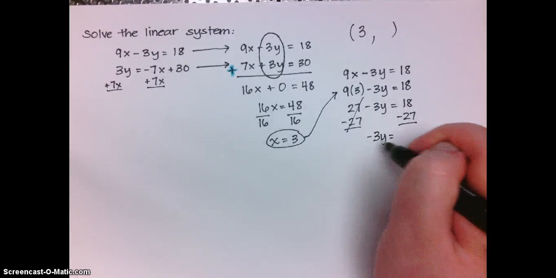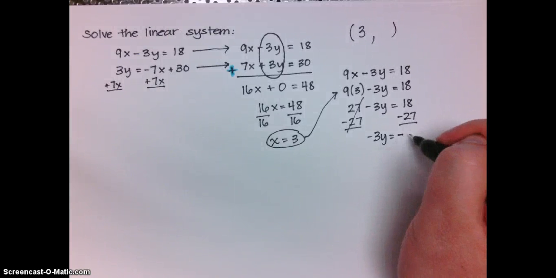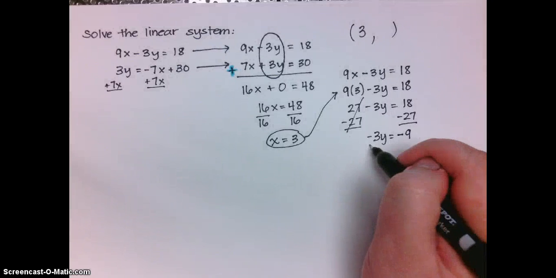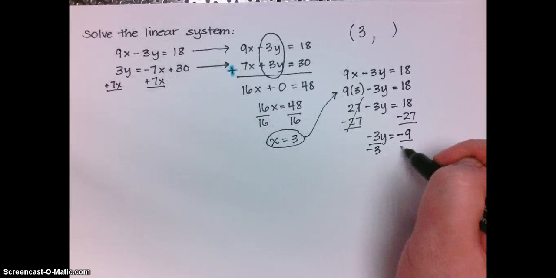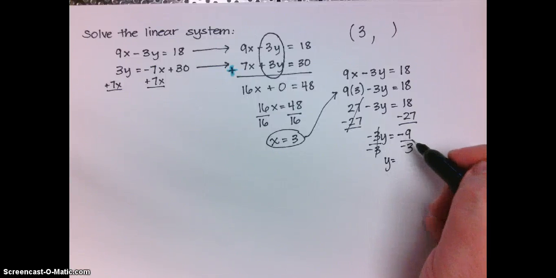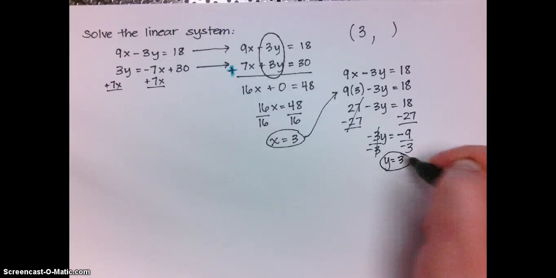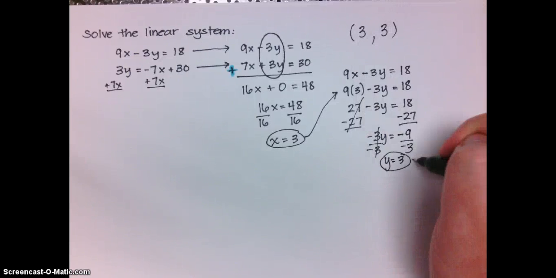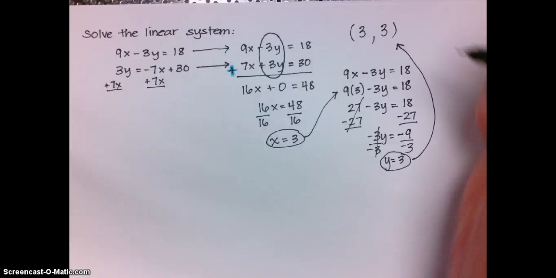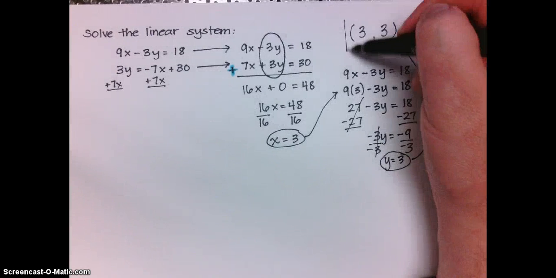Make sure you still have your negative there. 18 minus 27 is negative 9. Now I'm going to divide both sides by negative 3. y is equal to negative 9 divided by negative 3, which is positive 3. And I found the second part of my solution. So I now have the coordinate 3, 3.